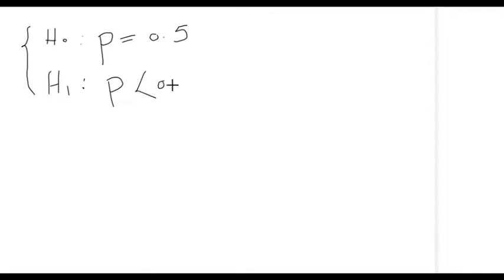In the beginning we assume that the coin is fair. It means H0 is that the probability of success, or the probability of observing head, is equal to 0.5. But after a while, by losing money, we came up with a claim that the probability of success, or the probability of observing a head, is less than 0.5.